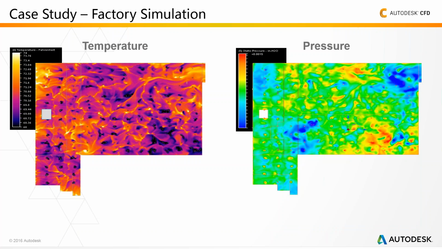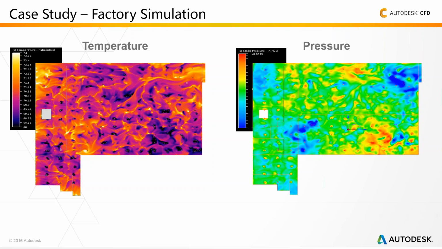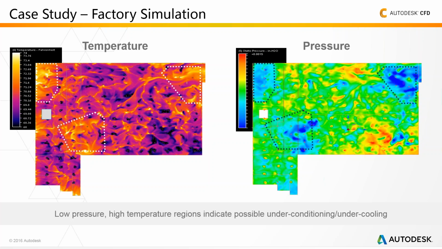Let's look at some other sample results that show the temperature variation on a plane at operator height. You can see high pressure, low temperature regions at the bottom right showing possible overcooling, over conditioning, high velocity flows, as well as under conditioning or undercooling, lower pressure and high temperature areas, top left, top right.